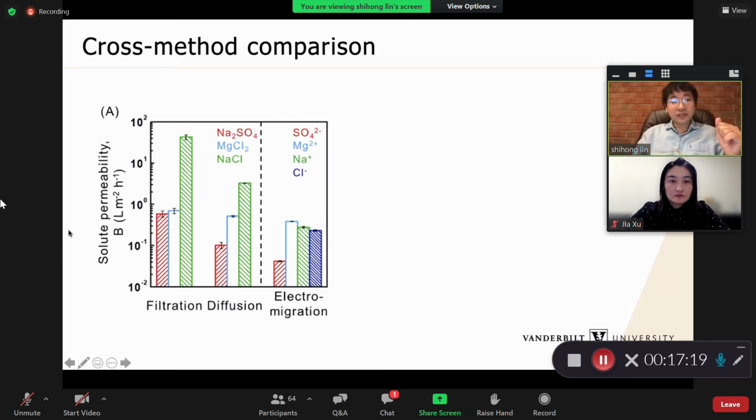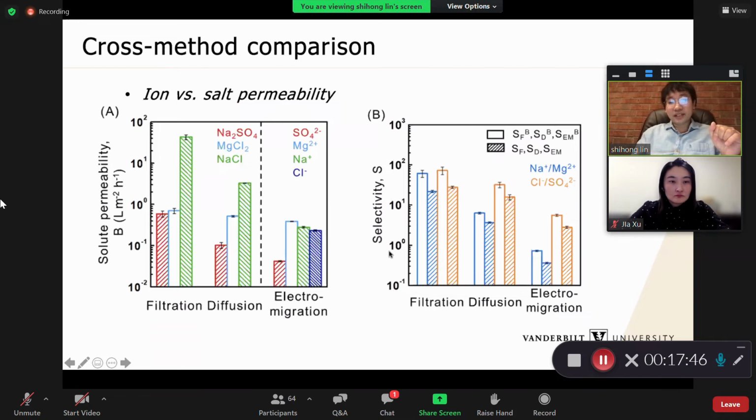So this is the intrinsic permeability that we estimated to the best we can. As you can see here, we measure the permeability for the different salts for filtration and diffusion. But for electromigration, we can actually decouple the contributions and find out the solute permeability for the individual species. And based on this, we can calculate their selectivity.